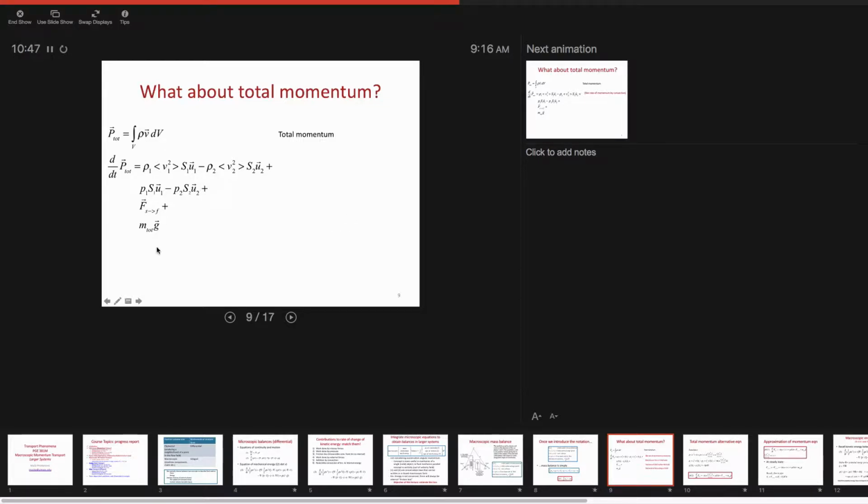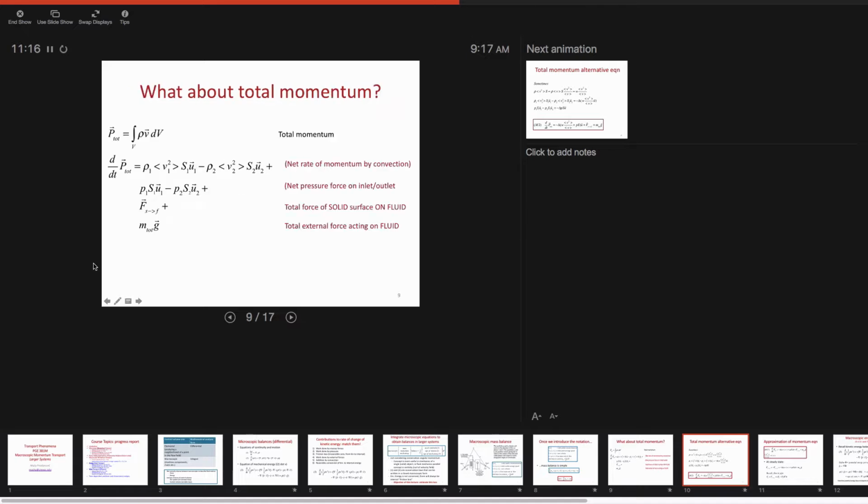And pressure work on the boundaries, the force of the solid areas that are exerted on the fluid, which is basically the inverse of the fluid force on the boundaries of the system, and the work of the external forces. So basically, those are my four contributions.